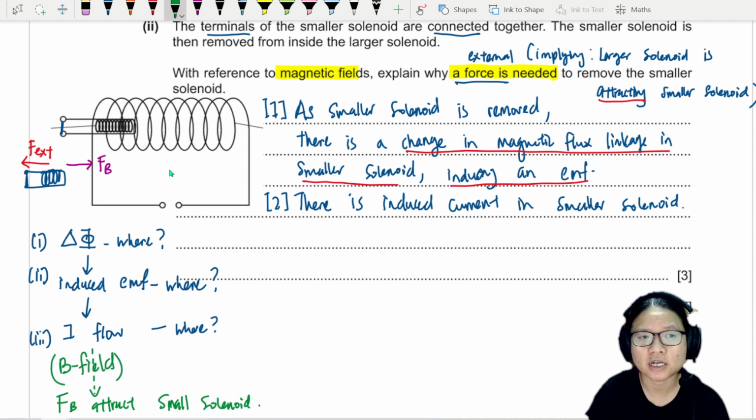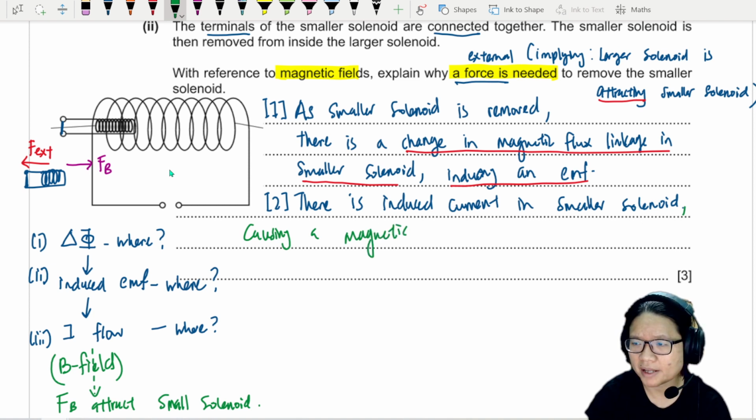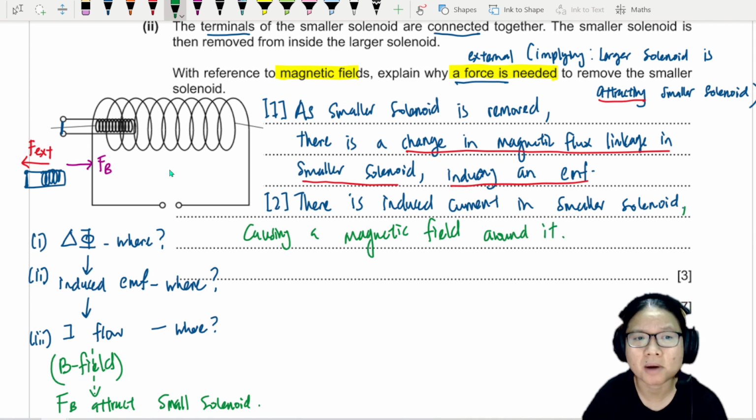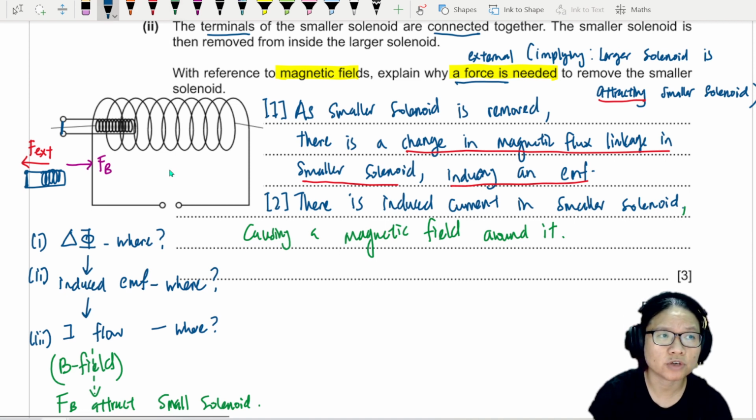So there is induced current in the smaller solenoid. Then we can continue and say that this causes a magnetic field around it. So there is now a magnetic field in the smaller solenoid. Number three.